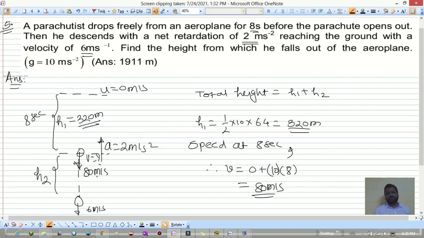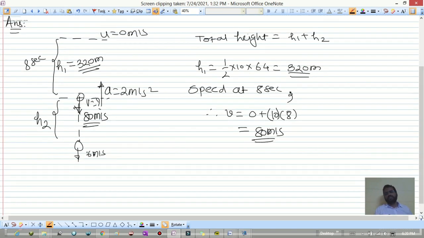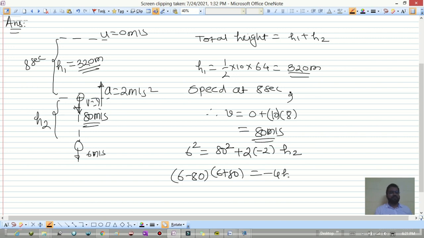So this is 80 meter per second. This is 6 meter per second. Now, if we know the final velocity, initial velocity, and the deceleration, we can find out the height. That is, 6 squared, final velocity squared, is equal to initial velocity 80 squared plus 2 into a, which is minus 2, into s, which is h2. So 6 squared minus 80 squared is equal to minus 4 h2.